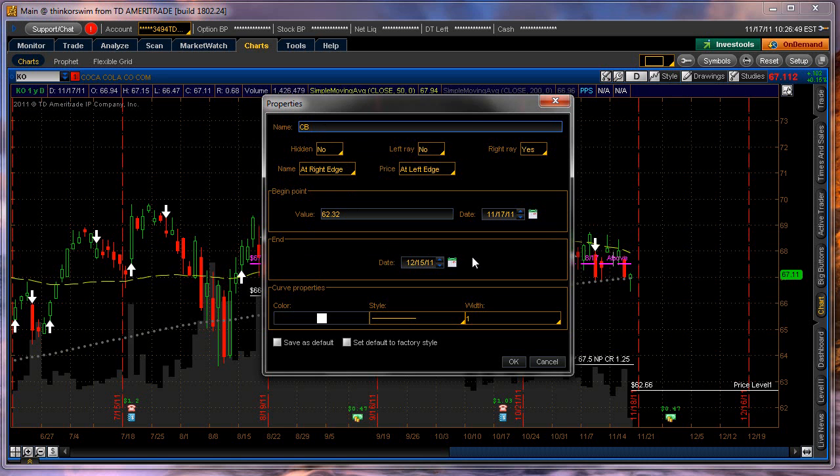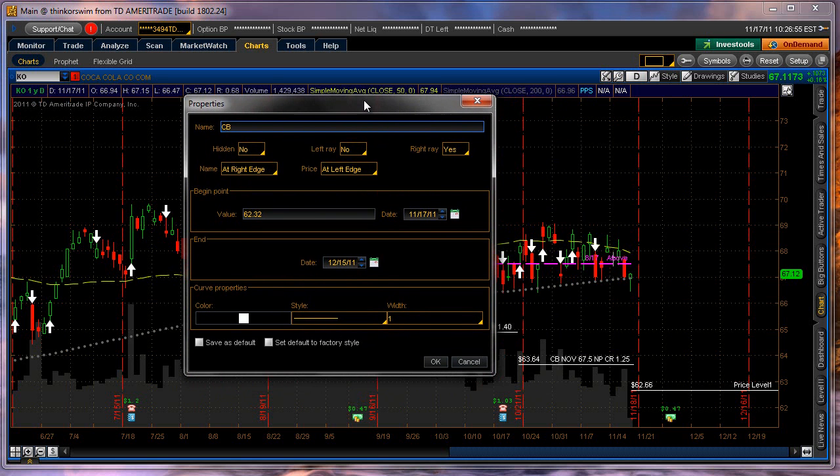All right, so that takes care of the cost basis, and it's a 67. We're looking at a December 67.50. So our strike is still the same, and it's a naked put, and we got a credit of 1.32.